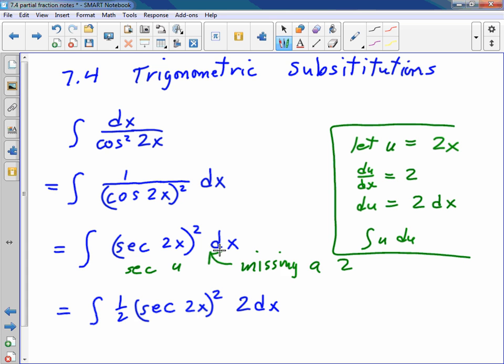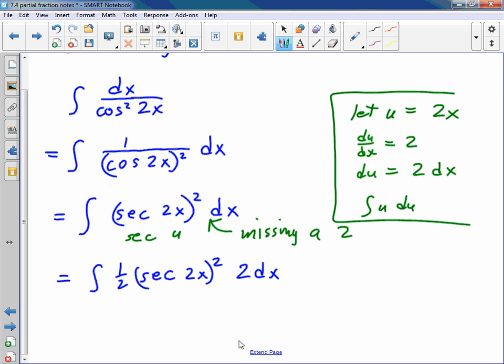It's just in disguise. Okay? And Derek was twitching over there, yelling coefficients. So then I can say that this is 1/2 times the antiderivative of secant u squared du. And there I have it in my basic u du form, and I'm good.